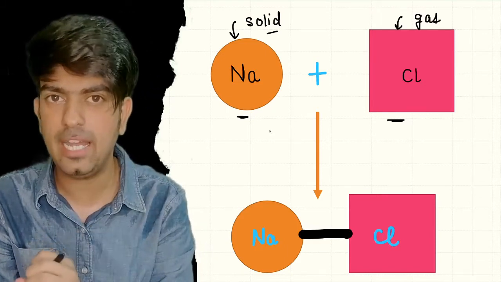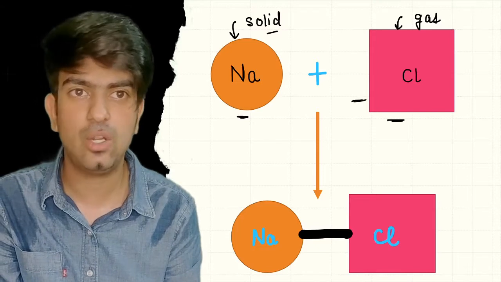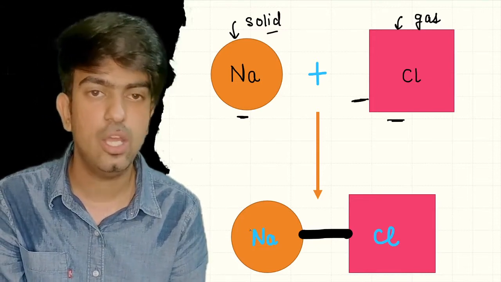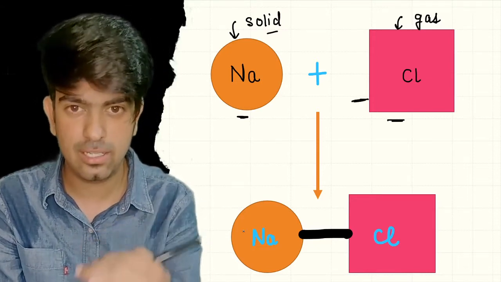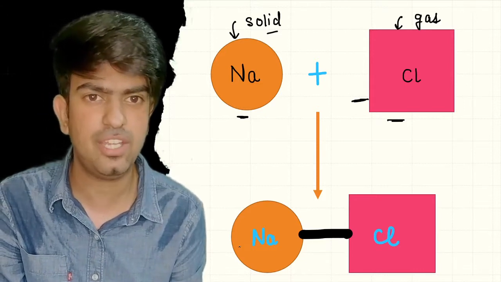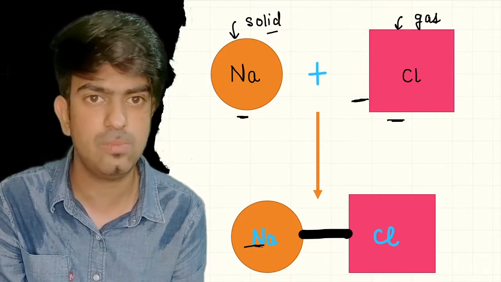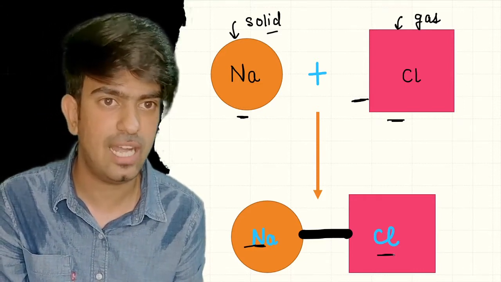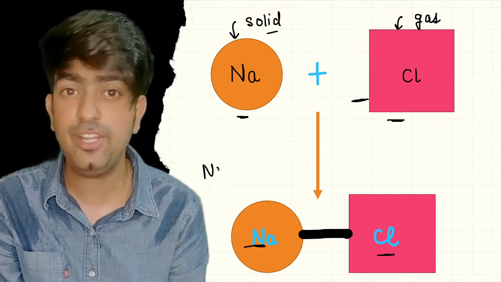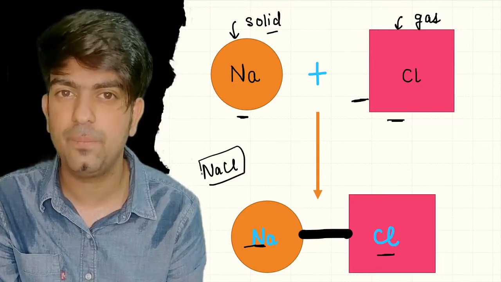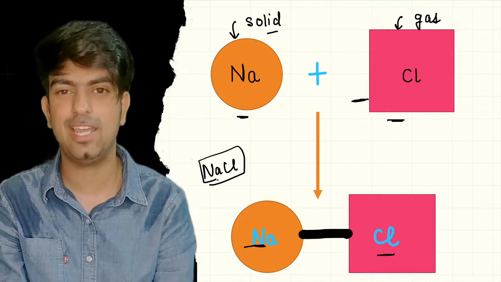Now अब हमें क्या करना है? इस sodium and chlorine की reaction करानी है. So now the reaction हो गया. रिएक्शन करने के बाद हमें एक कंपाउंड मिला, and that is what? That is NaCl.